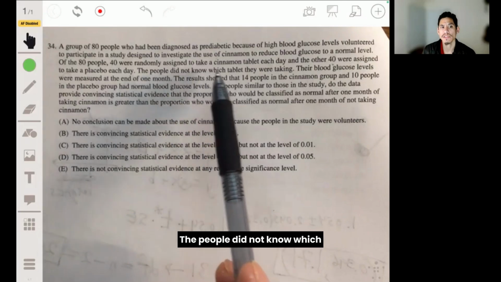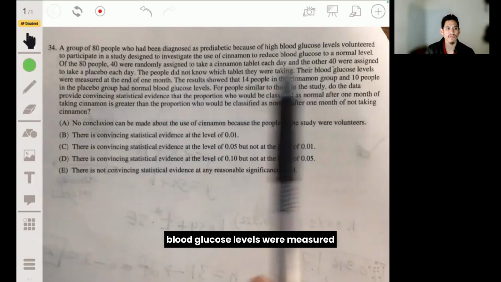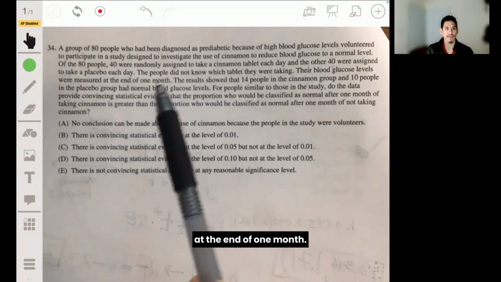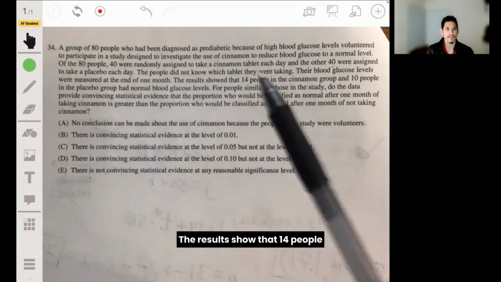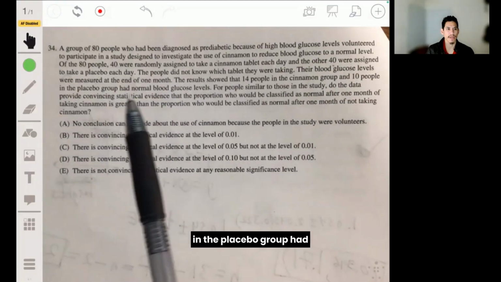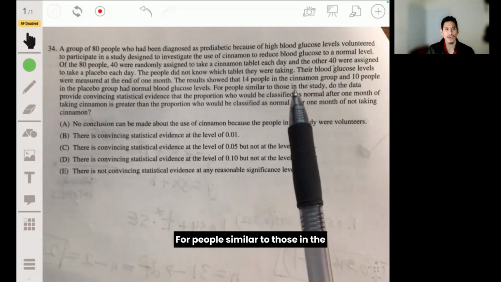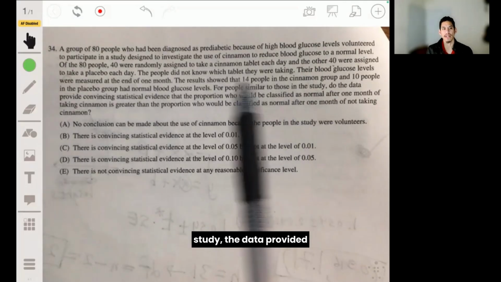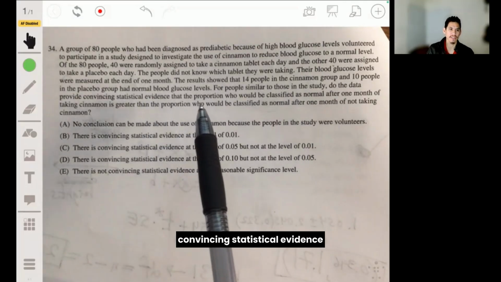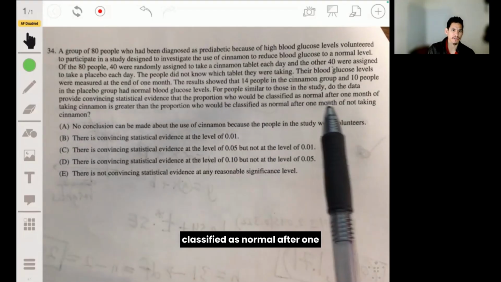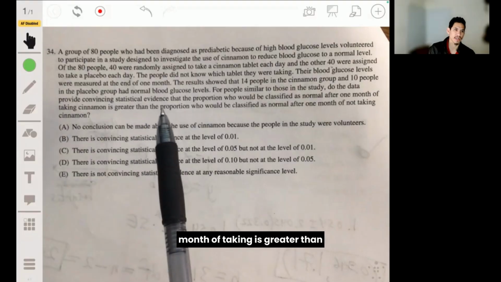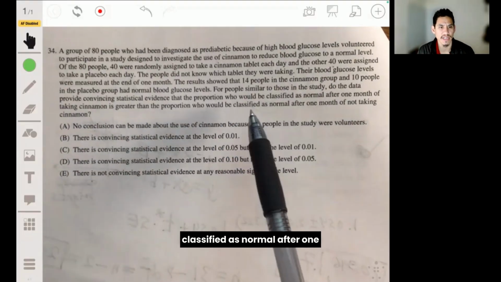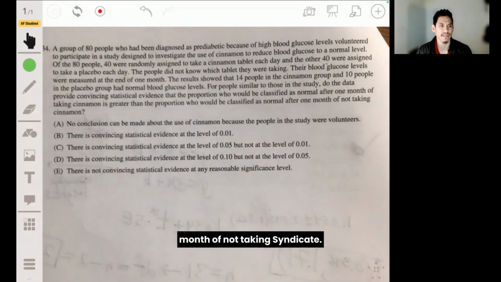The people did not know which tablet they were taking, and their blood glucose levels were measured at the end of 1 month. The results show that 14 people in the cinnamon group and 10 people in the placebo group had normal blood glucose levels. For people similar to those in the study, the data provided convincing statistical evidence that the proportion who would be classified as normal after 1 month of taking cinnamon is greater than the proportion who would be classified as normal after 1 month of not taking cinnamon.